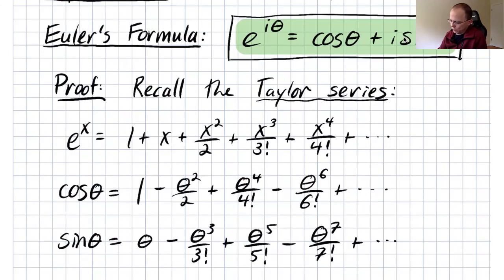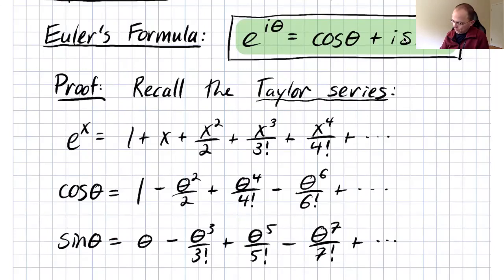So that's why we're losing the theta cubed, theta to the 5th, and so on. Those are just 0. Then we get this alternating sign pattern as well, and that's due to when you take the derivative of cosine twice, you get negative cosine, and so on.